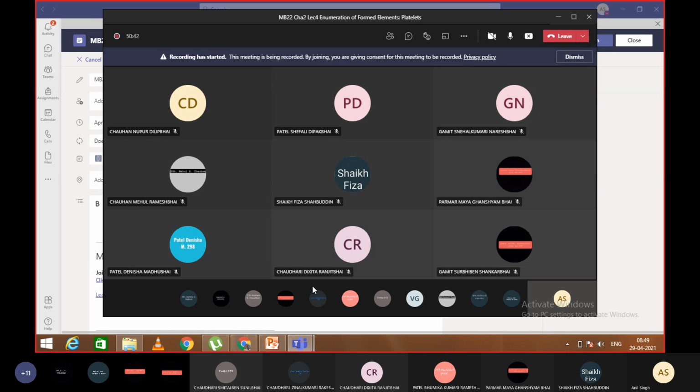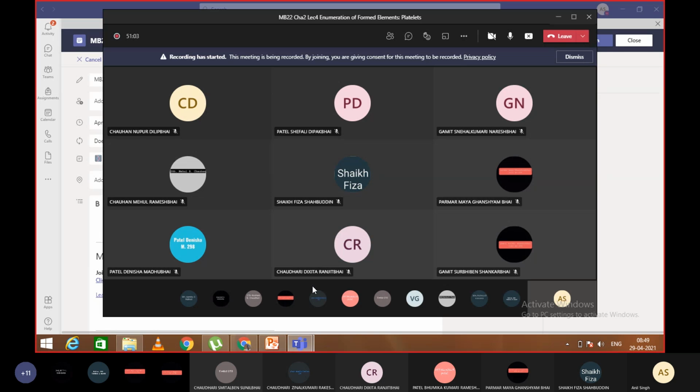Then blood platelet counts can be very much elevated and activated in case of thrombocytosis or in case of polycythemia vera also.